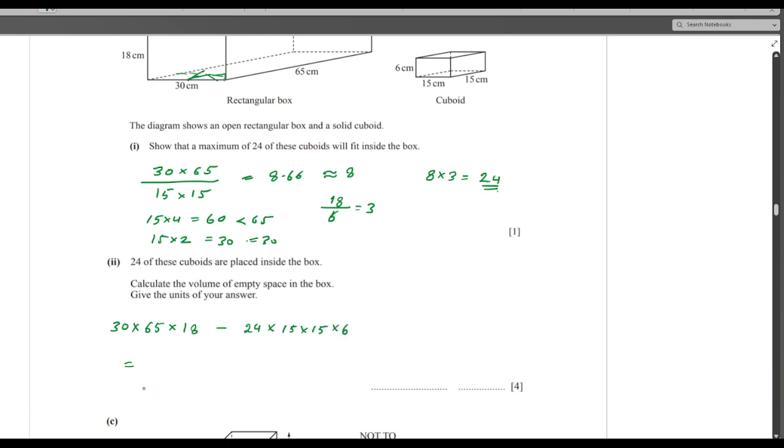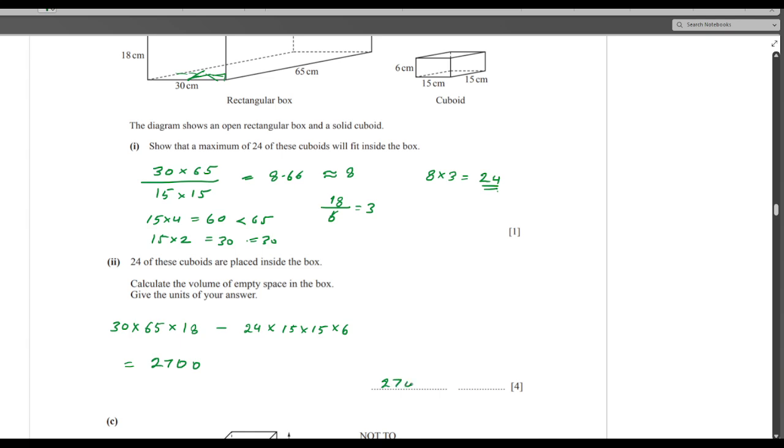So this will give you 30 times 65 times 18 minus 24 times 15 times 15 times 6. We will get 2700.